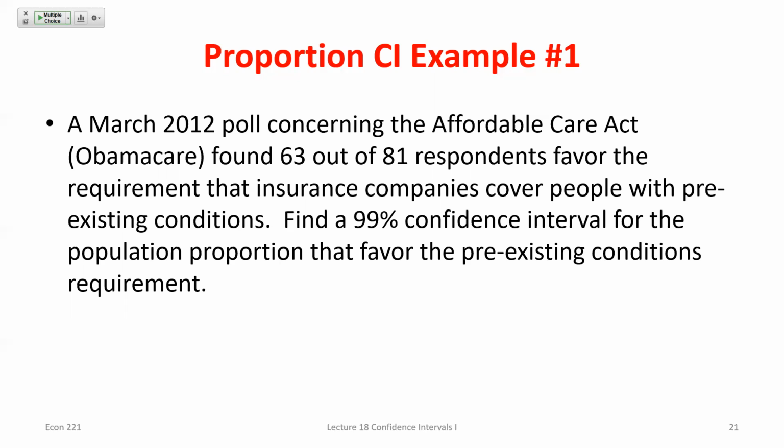So 63 out of 81 people were in favor of this. How would I find my sample proportion? It's just going to be the number of people who are in favor, or the number of successes, over the number of trials, or the number of people I asked. So just 63 over 81, which I think should simplify down to 7/9. So I've got my sample proportion.